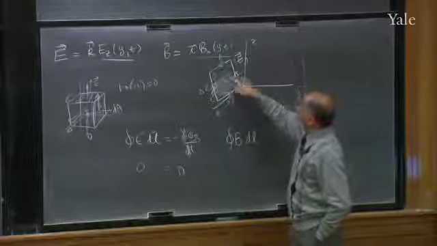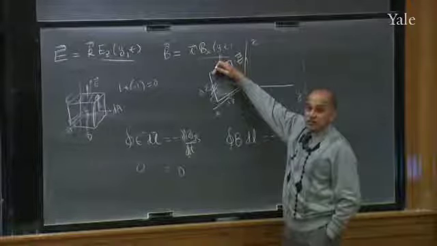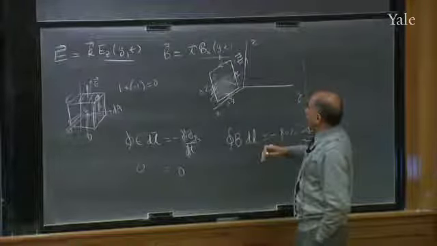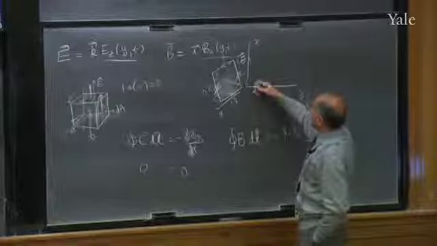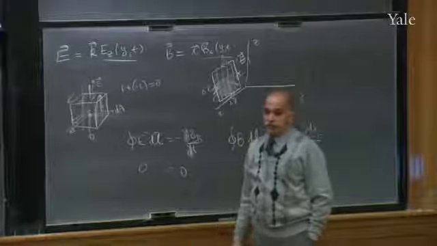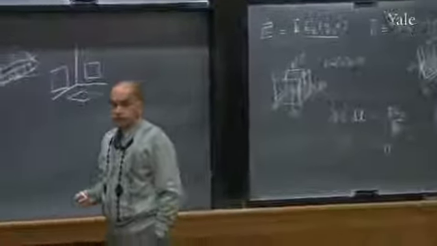It cancels because the edges are going in opposite direction, but B doesn't vary from this edge to that edge because it varies only with y. So again, you get 0. And there is no electric flux coming out of this surface because electric field lines also lie in the plane of that loop. They don't cross it. So those equations are also satisfied.